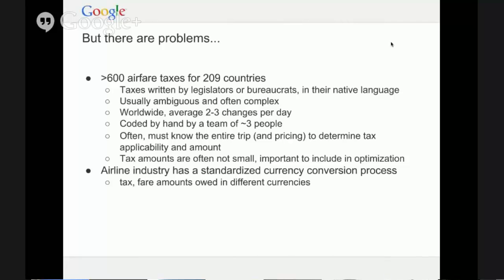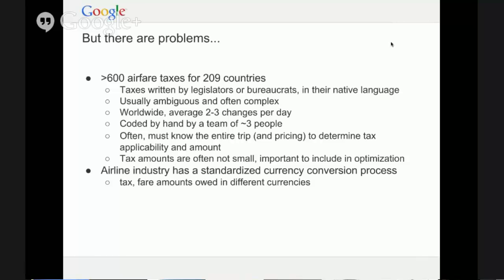That determines how much tax you pay, because the tax for Germany is different from the tax through some other airport. And these tax amounts are not small. If you look at any ticket that you buy, tax amounts to a substantial percentage of the ticket that you buy. So this makes it really problematic.